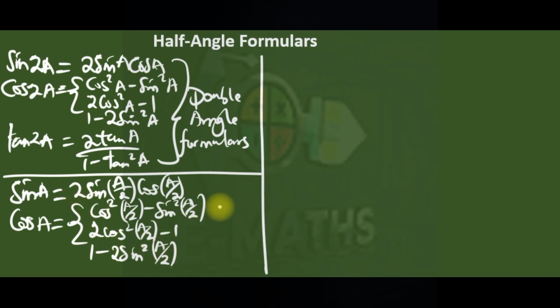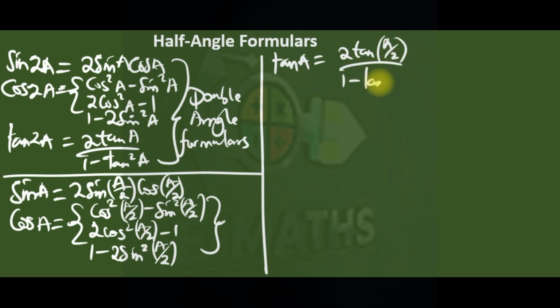So cos a has these three half angle formulas. And tan a is now 2 tan half a over 1 minus tan squared half a. So these are my half angle formulas, but we can still get some unique formula from this.